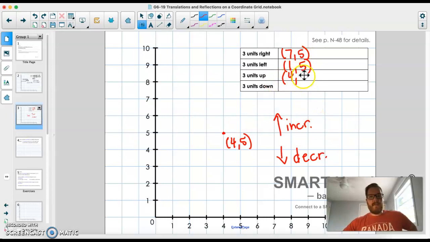So if I go 3 units up, I'm going to increase by 3, so my new number is 8. If I go 3 units down, then my original number is going to decrease by 3, so I'll end up at 2. Okay, so that was my original point. 3 units to the right brings me right here. 3 units to the left brings me over here. 3 units up brings me here, and then 3 units down brings me here.